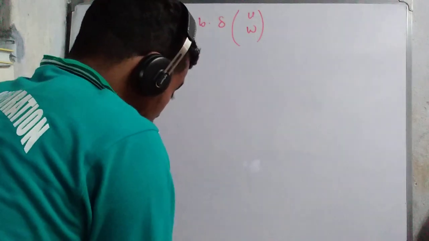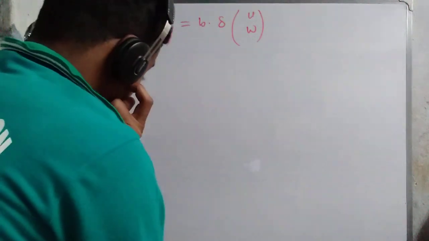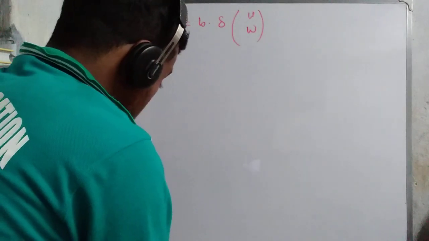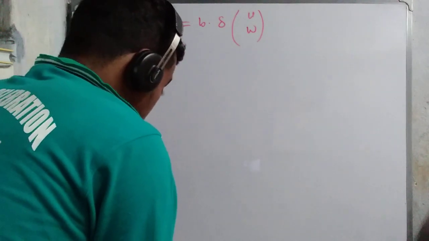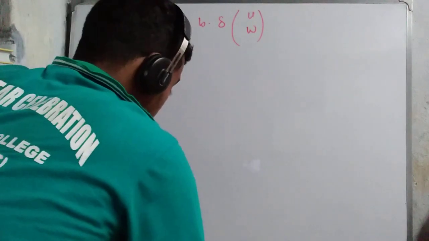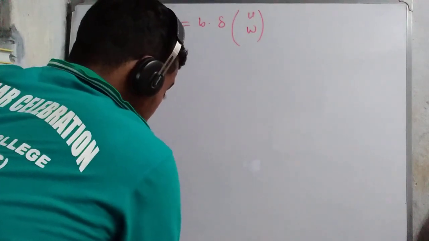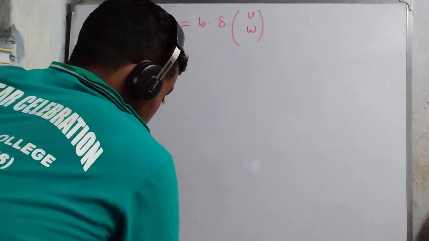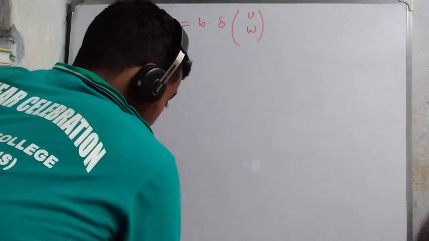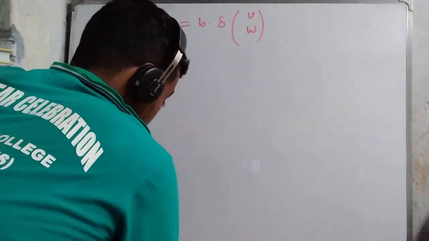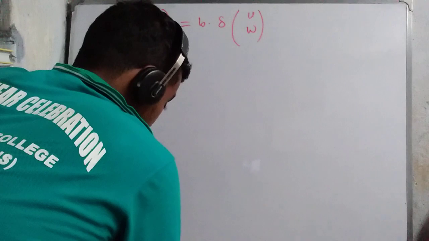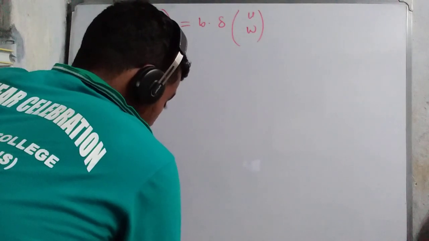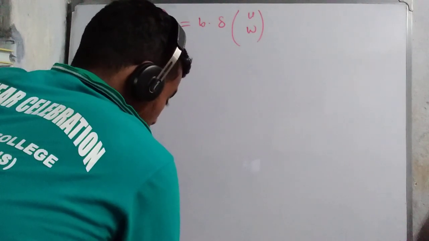Then how will this one be proved now? Here the parallelogram determined by U and W is the same as that determined by U and U plus W, because they have a common base U and the same altitude.